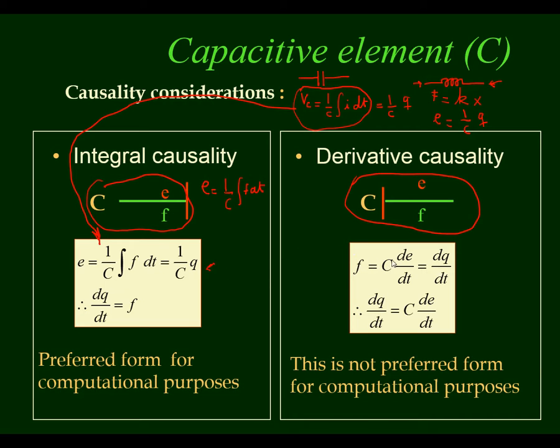So F is C times d/dt, that's the same thing as dq/dt. And you see in here the objective is to write the derivative in this case. See, this is a nice expression, explicit expression. This one not so nice because the derivative, you get another derivative on the right hand side. But that's what the C element is like.